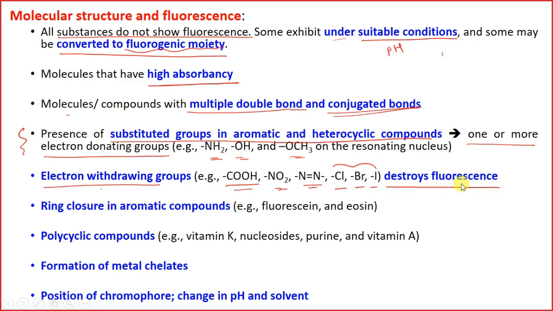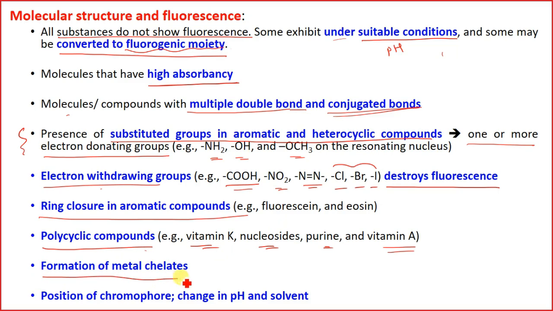Ring closure in aromatic compounds: if you add up various rings and make the molecule aromatic in nature, then it will show fluorescence. Then there are various polycyclic compounds like vitamin K, nucleoside, purine, vitamin A. They show fluorescence.